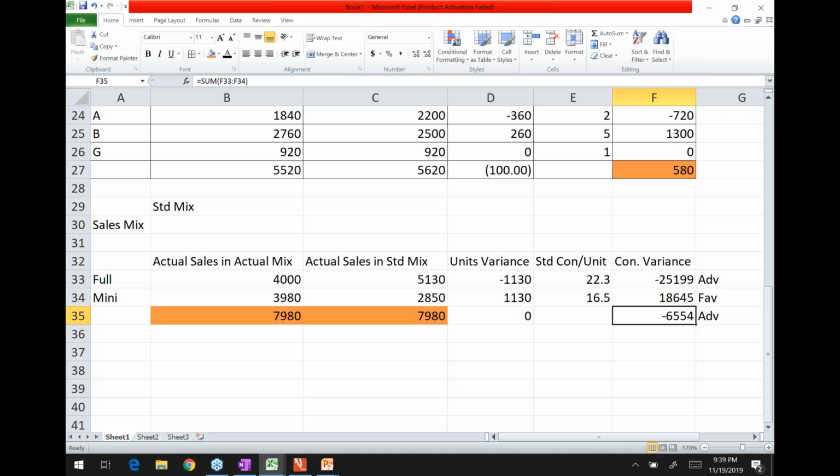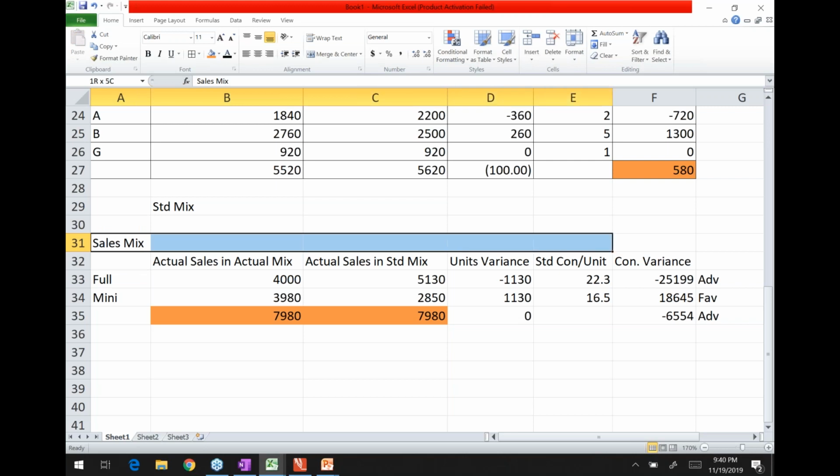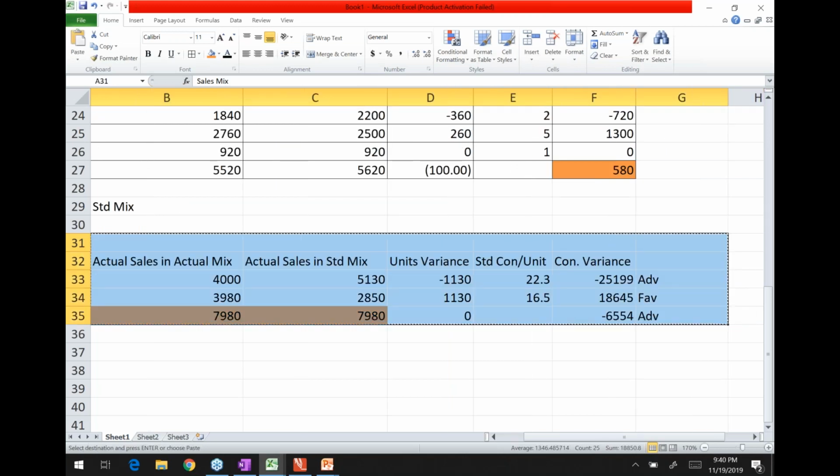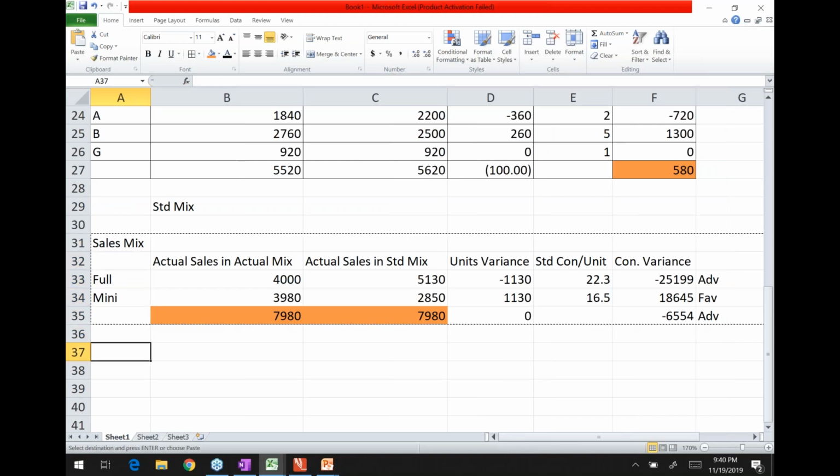But before I move towards the reason, I first want to work out quantity variance as well. So now I'm doing the calculation of quantity variance. Mathematically it's clear, but logically I'll explain.